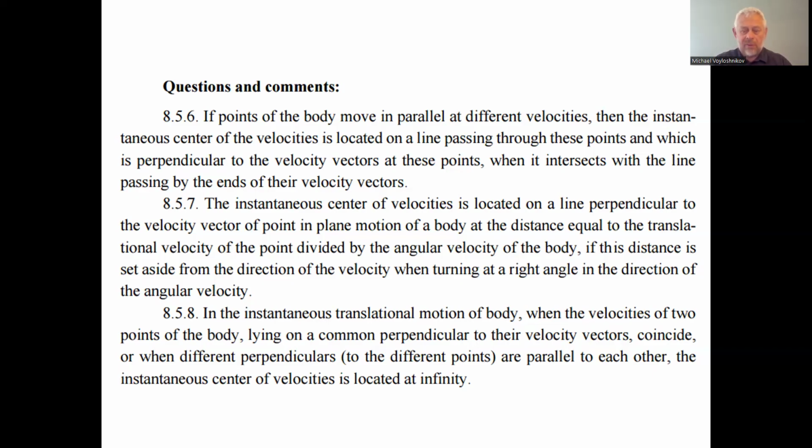Then, in one direction or the other along this perpendicular, we can find the instantaneous center of velocity. Whether it is located to the right or to the left of the perpendicular to the velocity direction at the considered point, whose velocity we know, depends on the angular velocity direction.